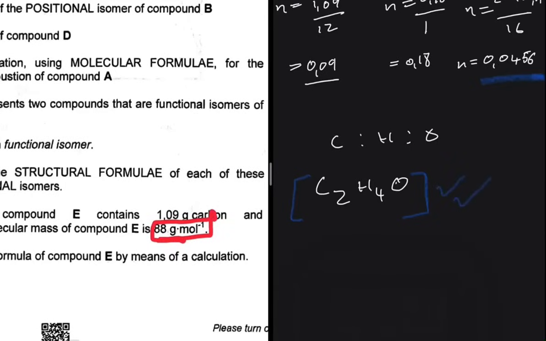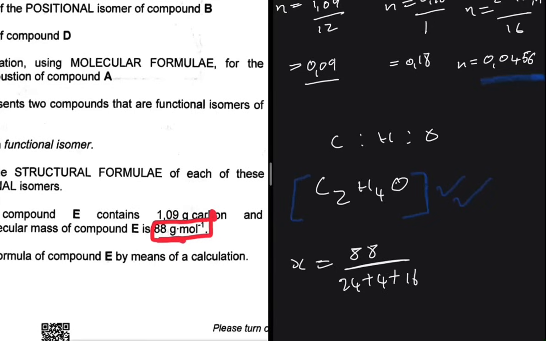So X is equal to 88 divided by the molar mass of 2 carbons, which is 12 multiplied by 2, which is 24, and then 4 hydrogens, 4, and 1 oxygen, that is 16.